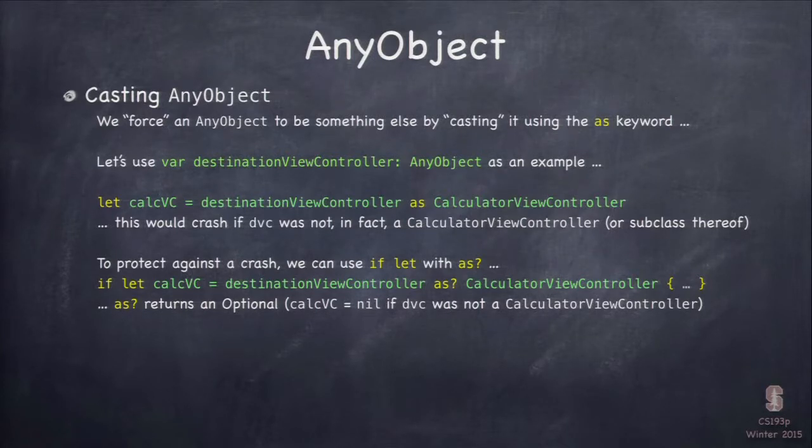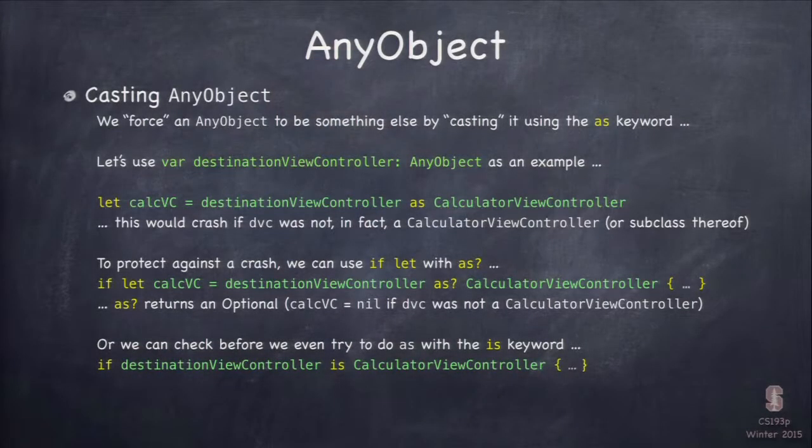So we can return nil if that any object, destination view controller, cannot be turned into a calculator view controller because it's some other kind of view controller or something else, all right? And so you can say if let calc vc equals destination view controller as question mark calculator view controller, and then inside there you've got calc vc set, and you know that it's a calculator view controller, and any object is now in your past. Okay? Make sense?